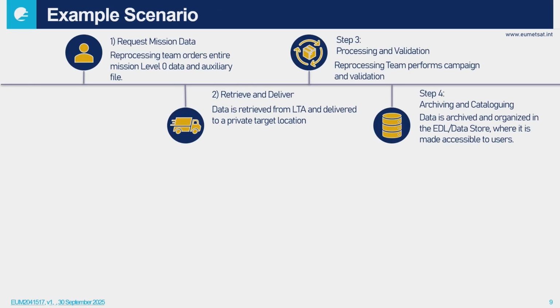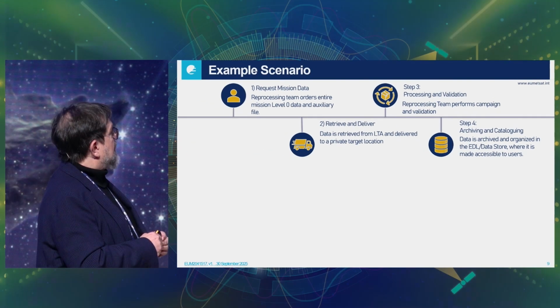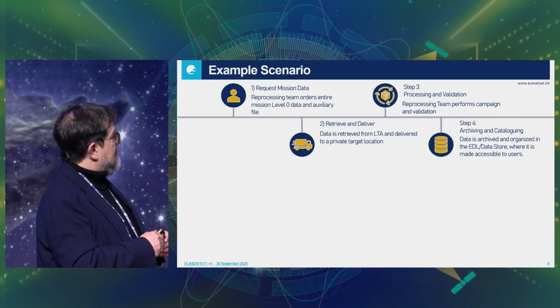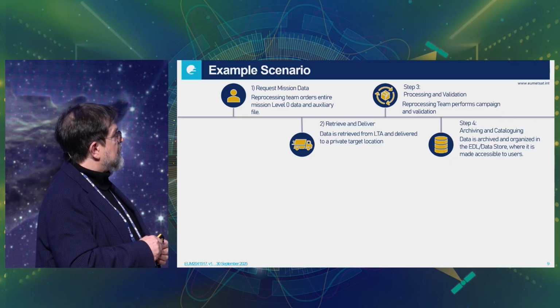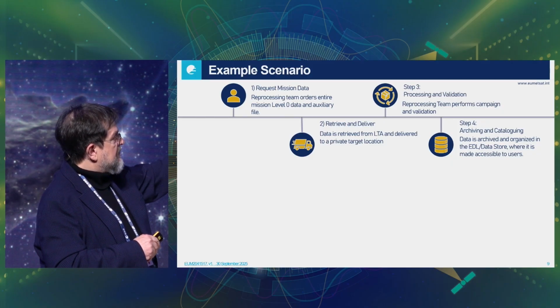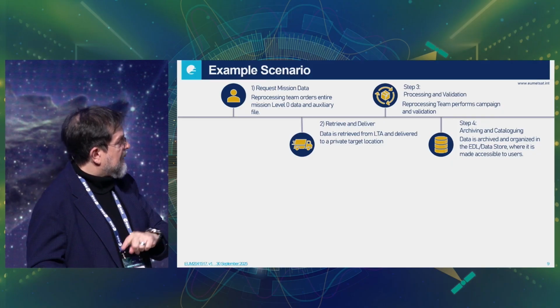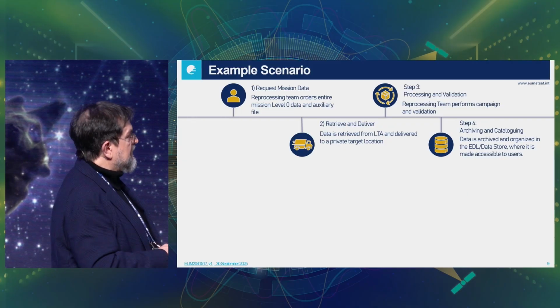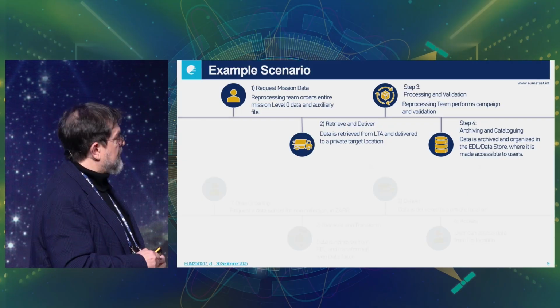Just two very quick example scenarios. Our reprocessing team wants to do a reprocessing campaign, so it means they order the entire mission level 0 and auxiliary files. Data is retrieved from LTA and delivered to a private target location. They do the processing, and the data is archived and reorganized back in the EDL data store, where it's made accessible to the user.